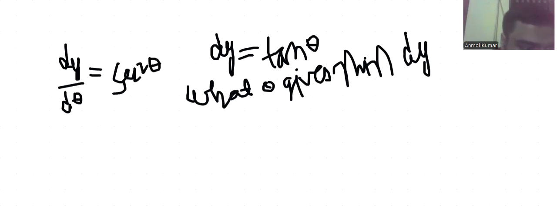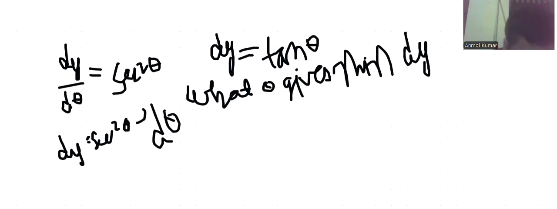See, dy by d theta, you can assume that we are differentiating with respect to theta. You all know that the differentiation of tan theta is sec square theta. So dy by d theta is sec square theta. Placing d theta on the other side, dy becomes sec square theta into d theta.